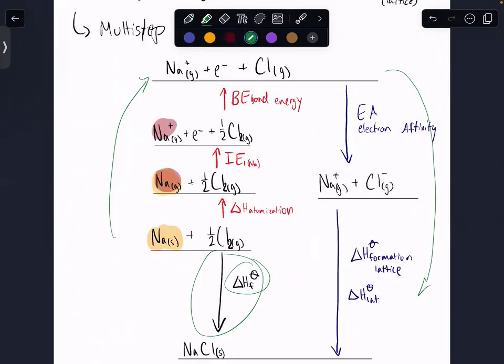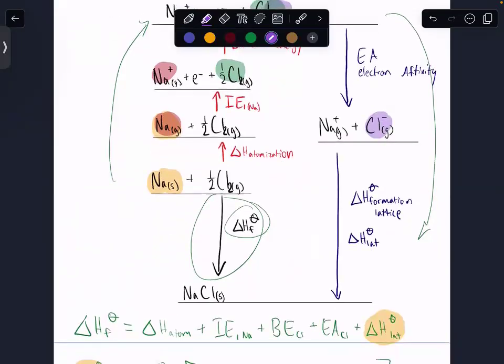Then we focus on our chlorine and we turn that into a chlorine atom. So we go from a diatomic chlorine to a chlorine atom. Then we take our chlorine atom and we turn that into a chlorine ion. Then we take our whole thing and turn it into our standard NaCl.